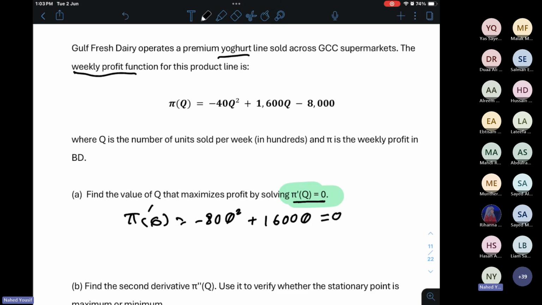So I made a mistake here. Nobody mentioned it, so this is just q. Okay. Minus 2 comes down, so 2 times minus 40 will be minus 80q plus 100,000. So after differentiation again, differentiate this one: 2 times minus 40 is minus 80q plus the differentiation of 1600q. The derivative of q is 1, so it will be 1600.